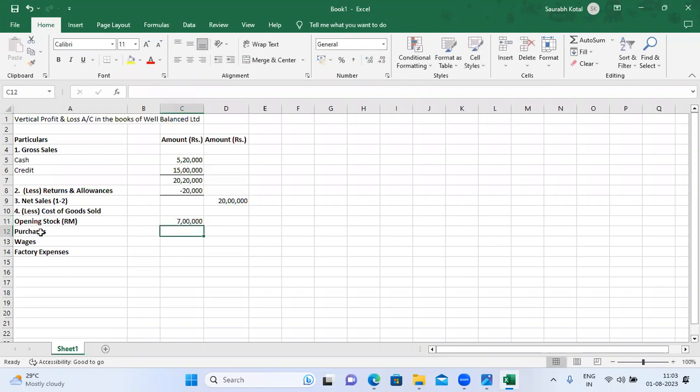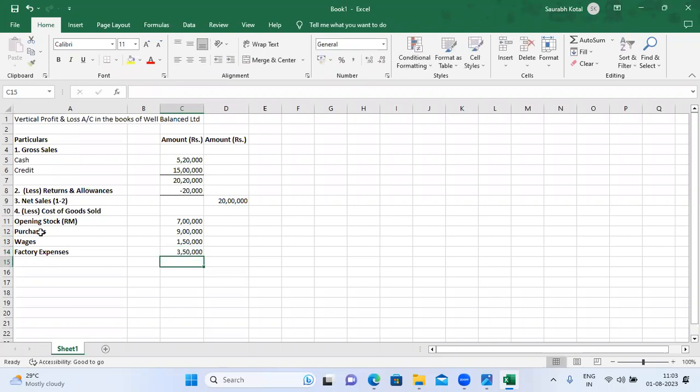Purchases given is 9 lakhs. Wages given 1,50,000. Factory expenses given 3,50,000.